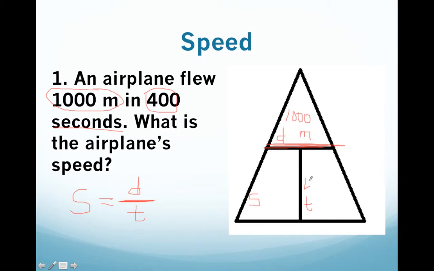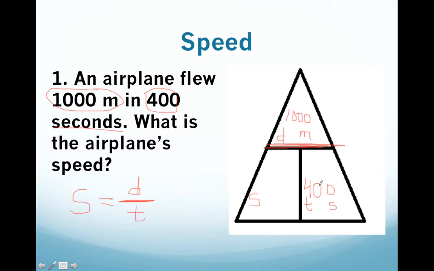So then I'm going to write this down, 400, and I'm going to put my unit down, S for seconds. Now when I look at this particular problem, I'm going to divide because 1,000 is on top of 400.